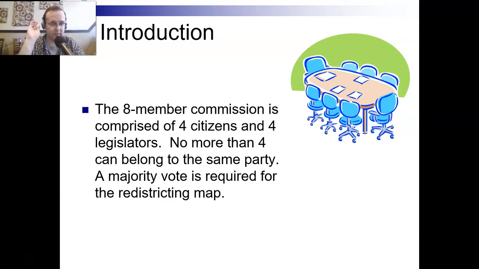No more than 4 can belong to the same party. And just a simple majority vote is required, and the map is considered done, redistricted. This doesn't often work. It's because of the even number. If there were 9, yeah, we'd probably get a majority vote, but the process doesn't stop here.